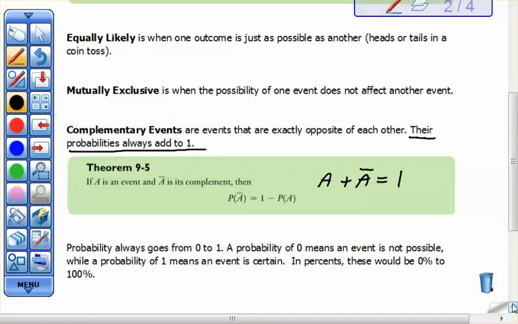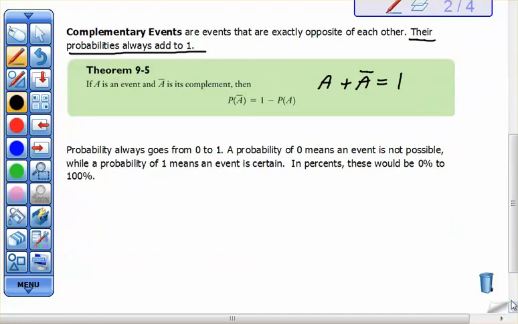Now, probability itself always goes from 0 to 1. If you say the probability of something happening is 0, then that means it's not going to happen. It's not possible at all. But if you've got a probability of 1, then that means the event is absolutely certain. It's going to happen. If we look at these in percents, it would be 0% to 100%.